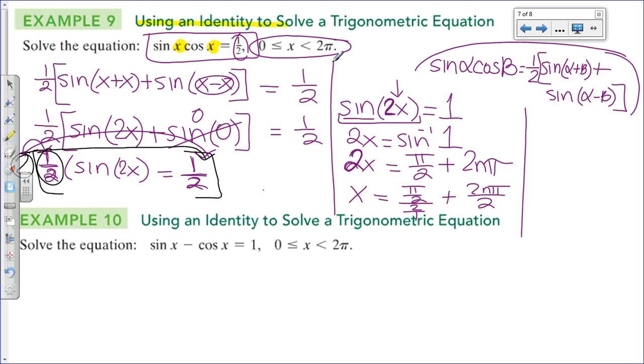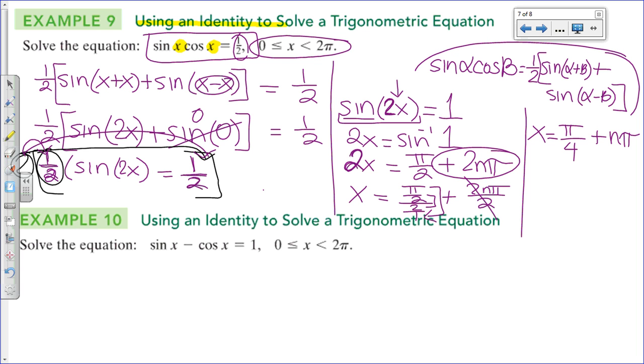What that is going to give me is pi over 4 plus n pi. We use the sandwich rule here.